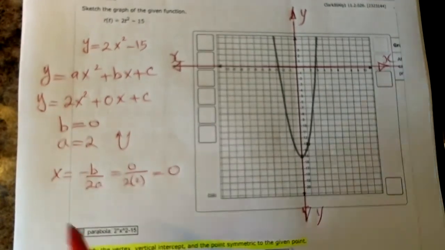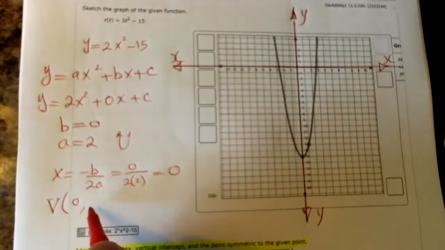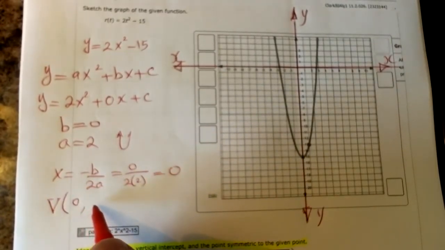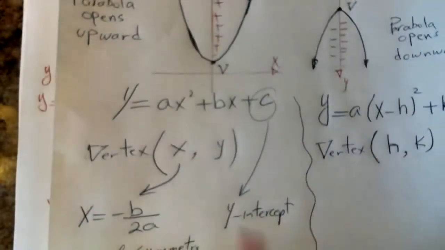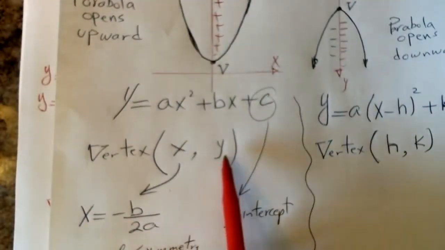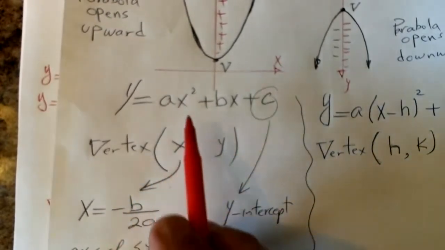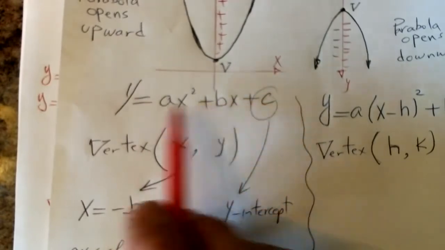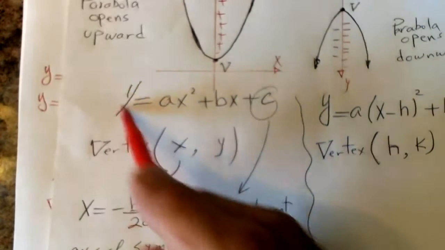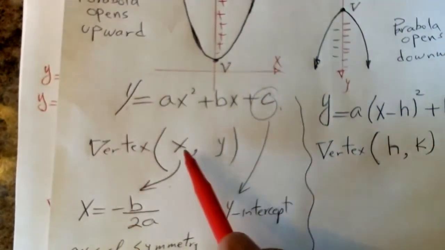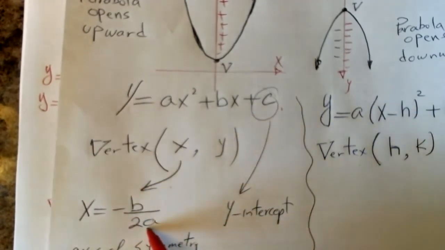My vertex so far, x is 0. What is the y value? How do I find the y value for the vertex? When you find the x and you want to find the y, whatever the x is, you always substitute it into this equation to find the y. Remember, if the equation is given in this form and you want to find x and y of the vertex, x is always minus b over 2a.